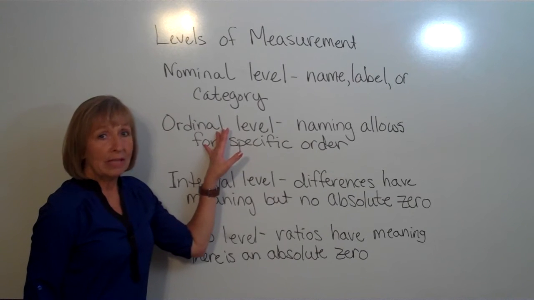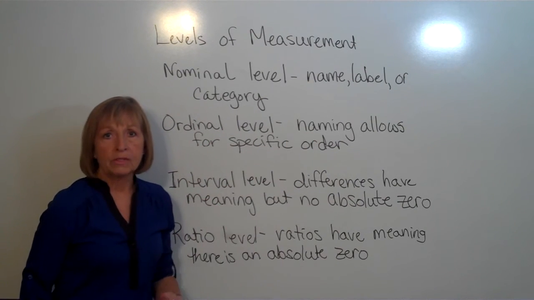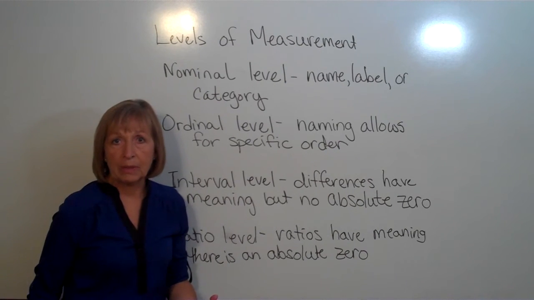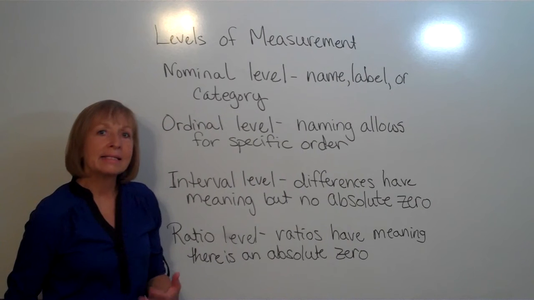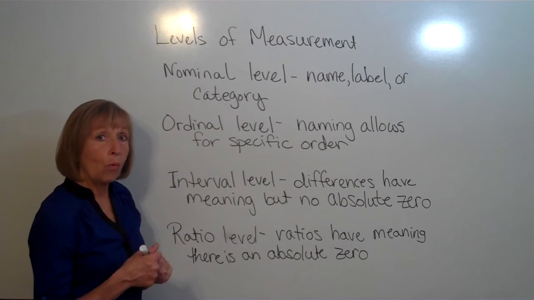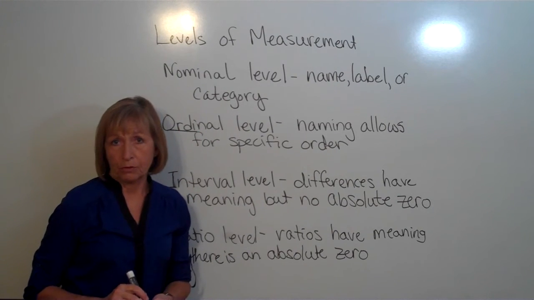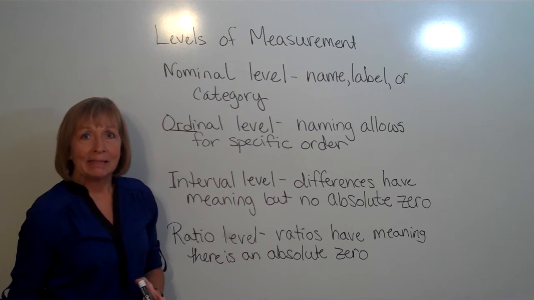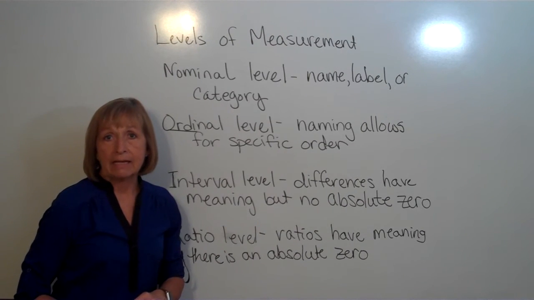Now the ordinal level is when you have a naming or some sort of symbolism to it, and not only is it a naming, but it also has a way that you can put it in order. So ordinal, think of order for its root word. So if the naming allows me to put it in order, then it would be ordinal instead of nominal.